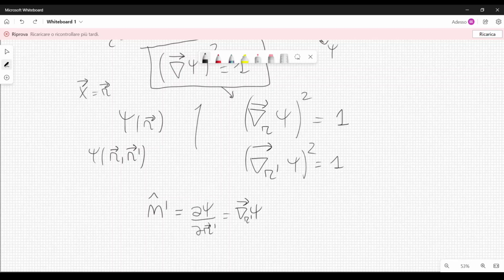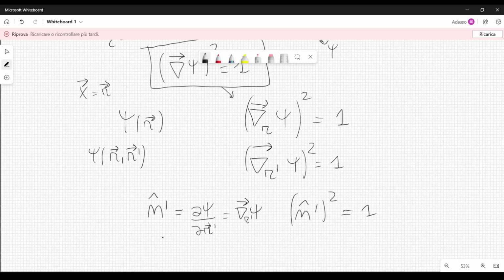But from the equations that we wrote here, this one actually, we can easily see that n prime squared, which means the magnitude squared of n prime, is equal to 1. So n prime is a unit vector. But n prime has a useful physical meaning.